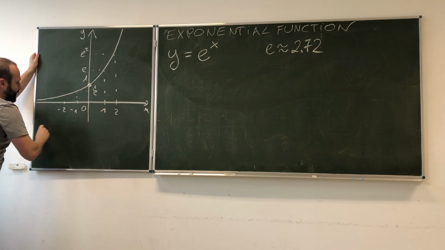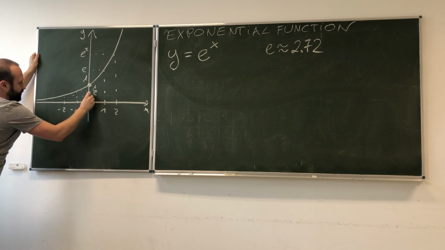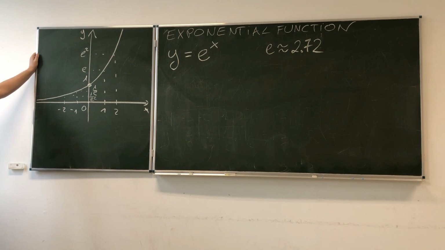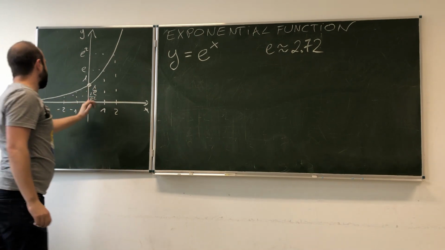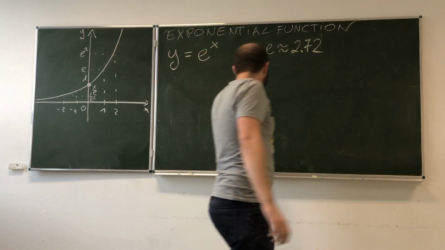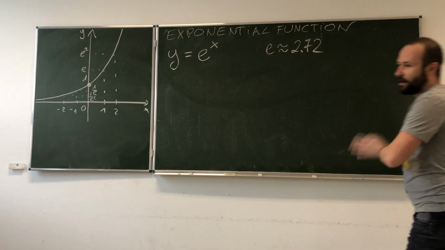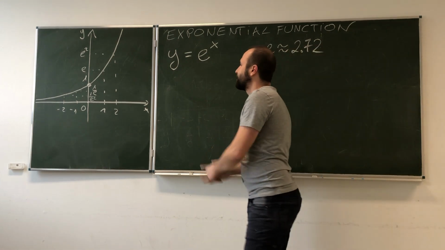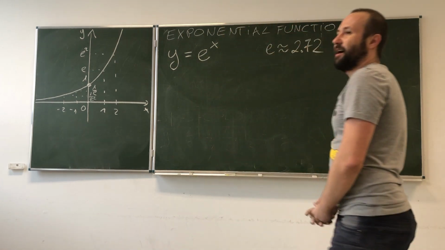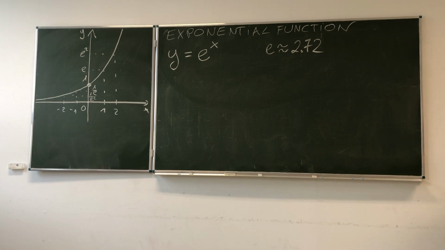If x is equal to -2, y is equal to 1 over e squared. And of course, we could calculate all these values, but this is not something very useful. But remember, we in economics will be using e as a reference base most often.